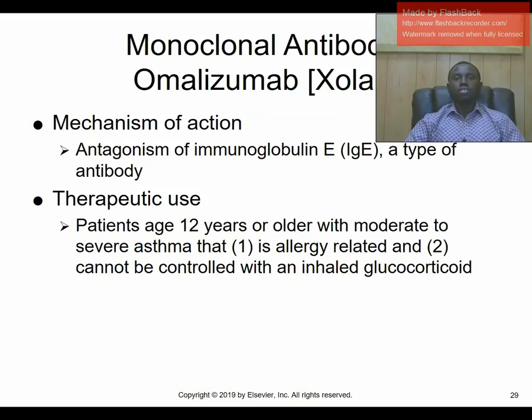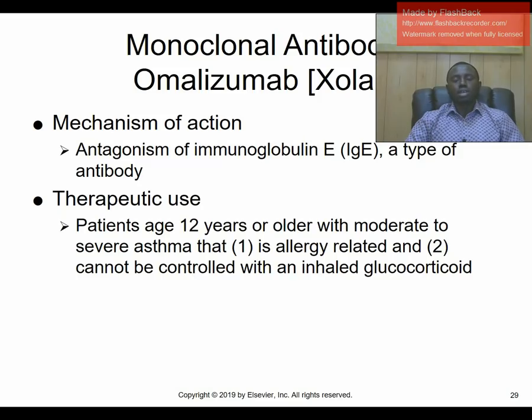So for you to qualify to use Xolair, you must be first of all 12 years or older. Your asthma should be allergy related, and you have to have uncontrolled asthma.